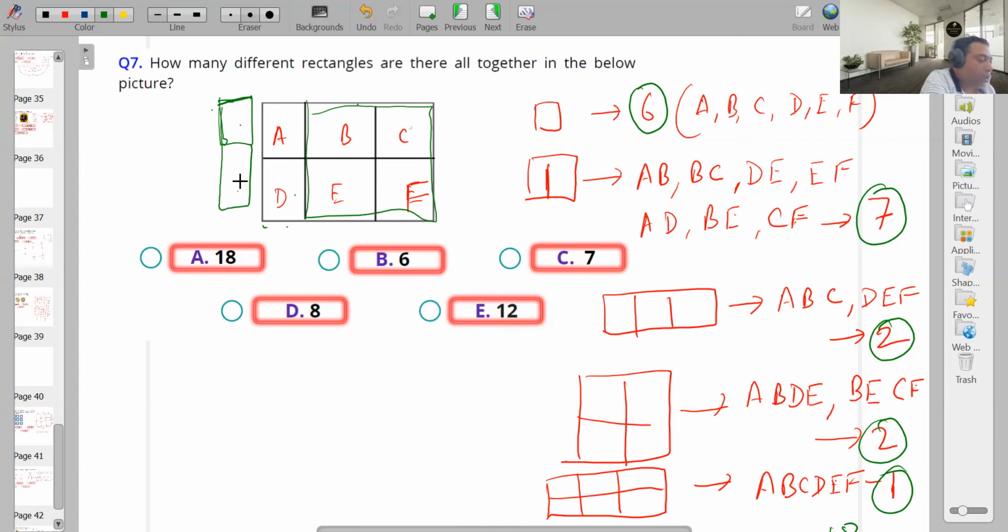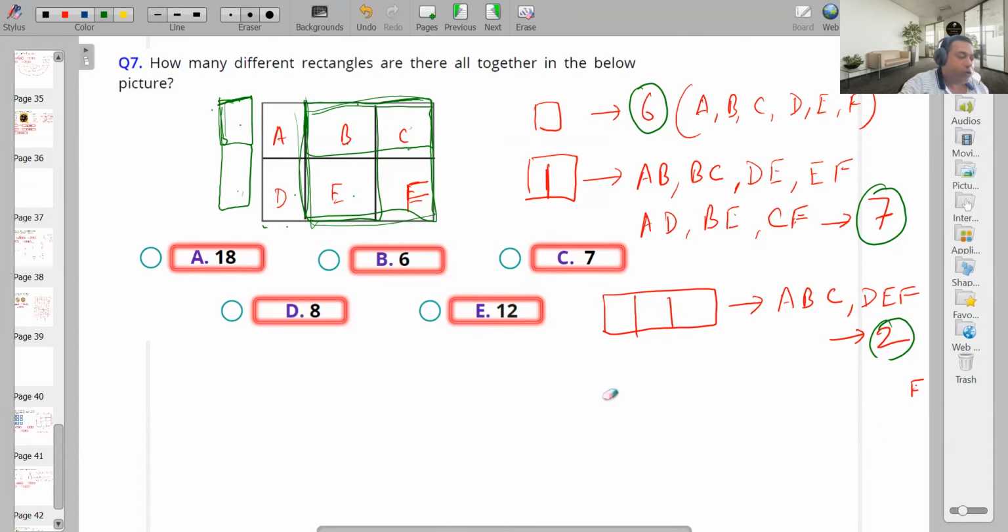So there are 2 rectangles which can be made. Okay. So we have 2 here, and this one. So this is one of the rectangles, BCEF. So this rectangle and this rectangle combine to make this rectangle. All right. Okay. So this is how it is.